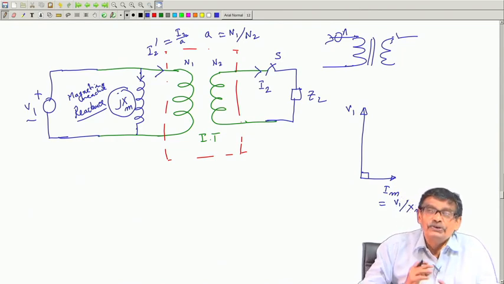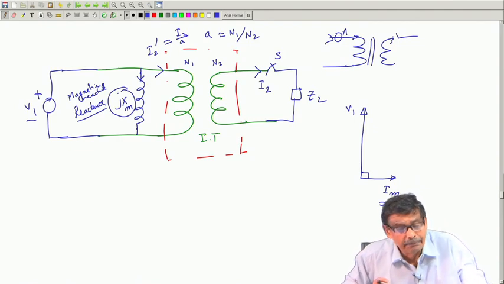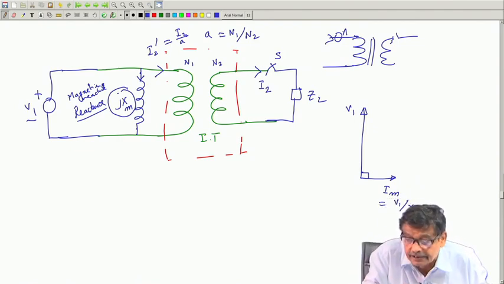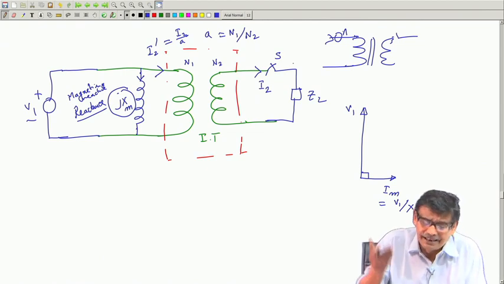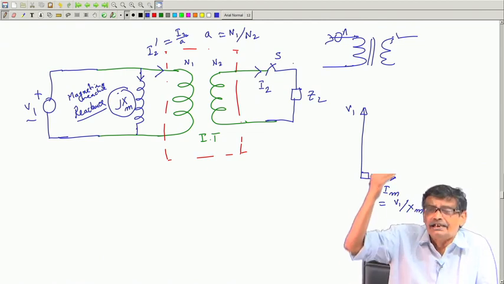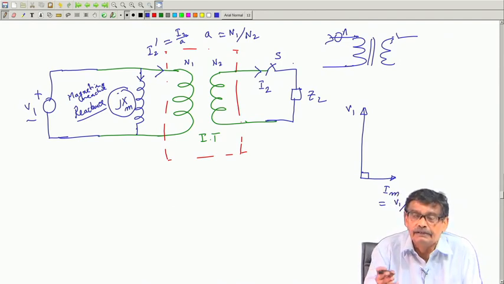It should not disturb anybody that I have applied a voltage, something is connected between these two, and yet there is no current when S was opened. This we have discussed at length previously. This is an ideal transformer. Ideal means ideal, mu r is infinitely large, you do not require any magnetizing current for this portion.